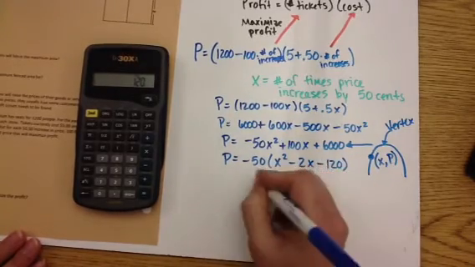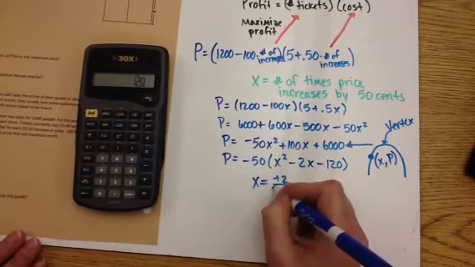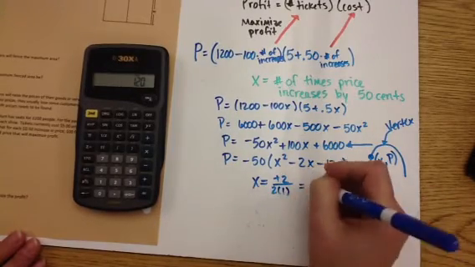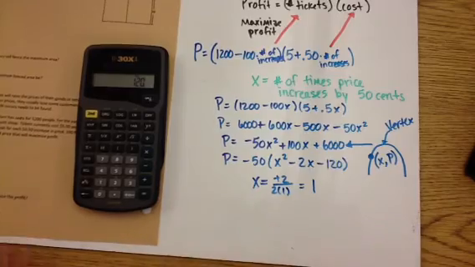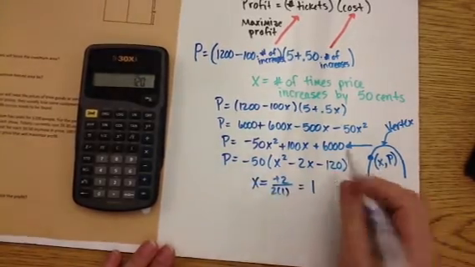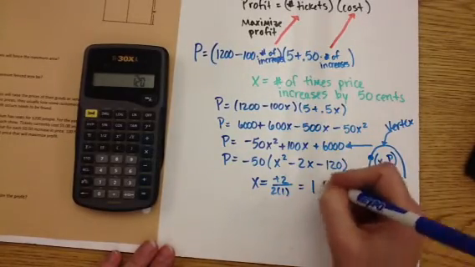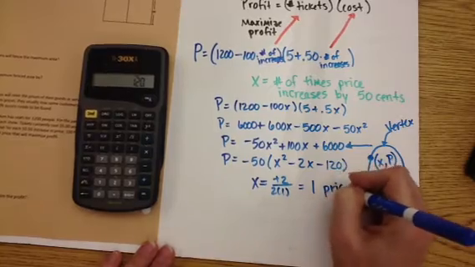So I'm going to do x equals the opposite of b, so positive 2, over 2 times a. So x equals 1. Now that tells me that x equals 1, the number of times we should increase our prices by 50 cents. So we should have one price increase.